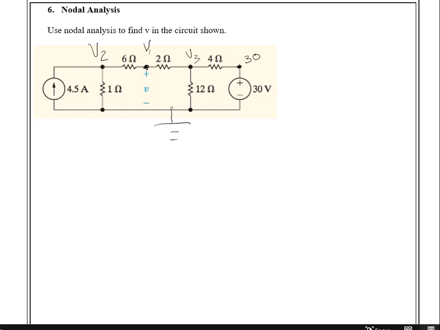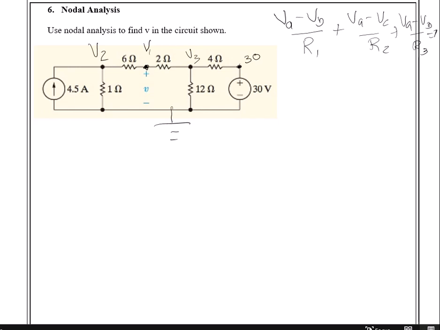So in general, your equations are going to look like VA minus VB over R1 plus VA minus VC over R2 plus VA minus VB over R3 equals 0. Because these are currents. The starting voltage minus the ending voltage divided by the resistance between them.